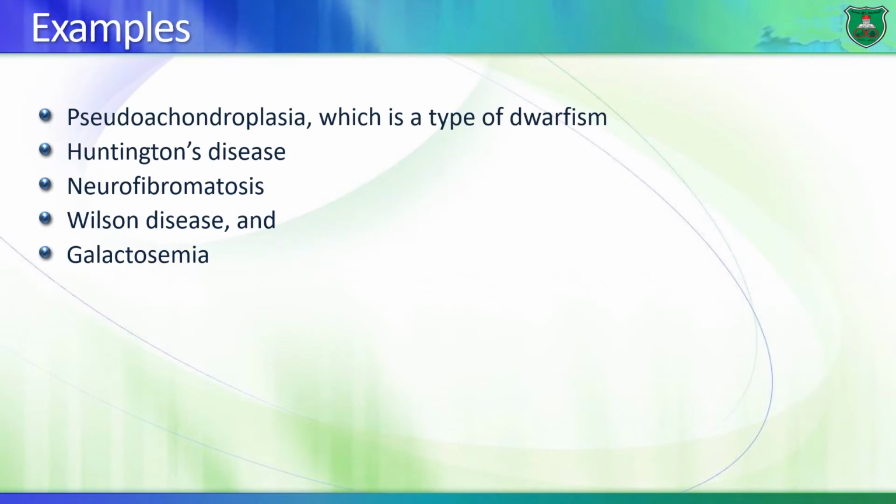There are different examples of genetically dominant disorders, like pseudochondroplasia, Huntington's disease, neurofibromatosis, Wilson disease, and galactosemia. Again, you don't have to really memorize these conditions unless we talk about a condition in more detail later on.